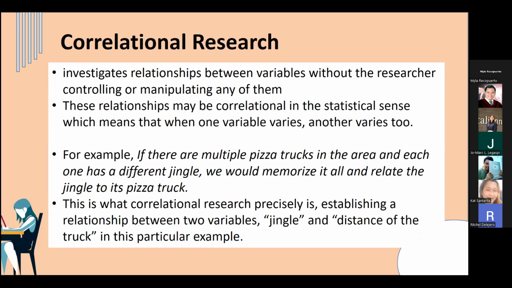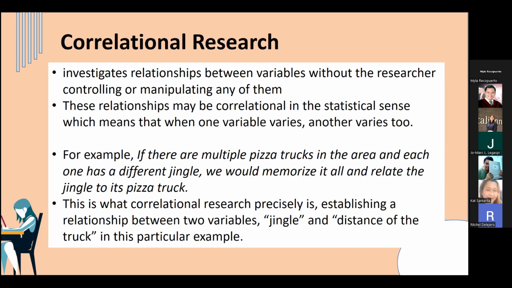And then we have correlational research. This is a research where it investigates between variables without the researcher controlling or manipulating any of them. So this relationship may be correlational in statistical sense, which means that when one variable varies, another varies too.